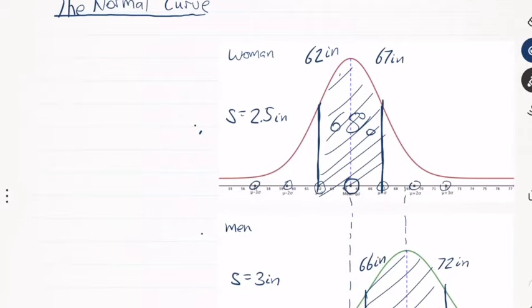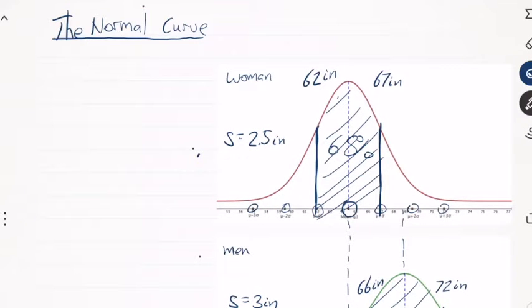If you are above or below that 68%, then you would be above average or below average, depending on what side of this graph you are. If you're someplace over here, you would be considered above average, and down here, of course, below average. Now, men, similarly, 68% of them are going to be between 66 inches and 72 inches because it's one standard deviation away from the mean, which is 69 inches.